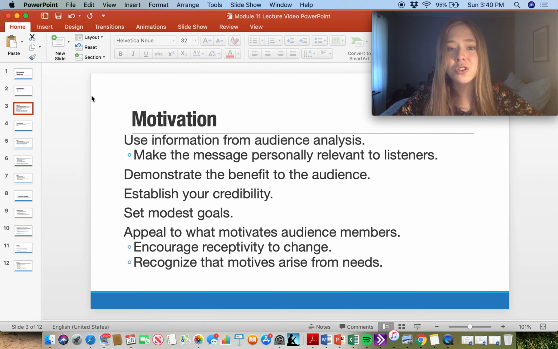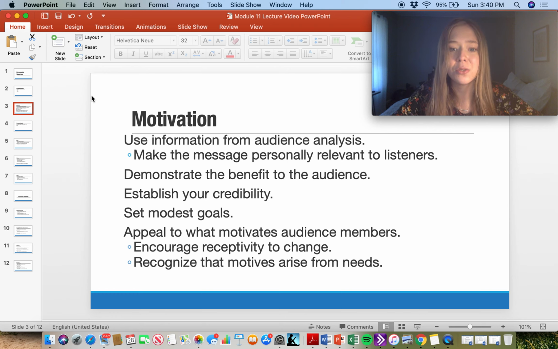So make sure, as always, that the message is personally relevant to your listeners. This is especially important in a persuasive speech because while an informative speech might be something new that they've never heard of and they may or may not have interest in, we want them to. This is really important because we want to make sure that we really tap into that target audience.